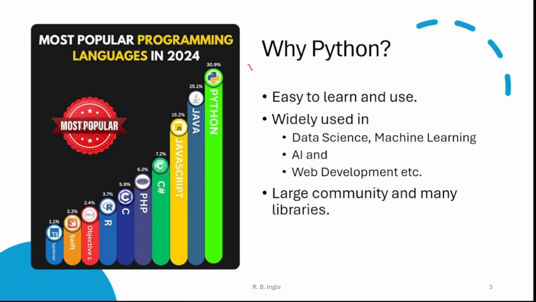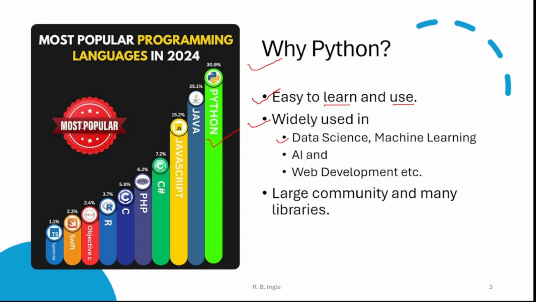Let us start with the topic: why Python. In the previous video we also saw the reason why Python is so popular. The reason is that Python is easy to learn and easy to use because of its very simple syntax compared to other programming languages. Next, due to advanced technologies like artificial intelligence, machine learning, data science, and big data, the Python language is very much used.